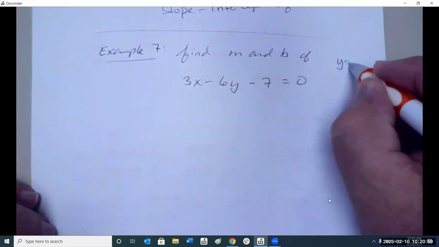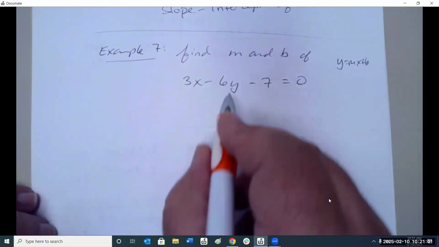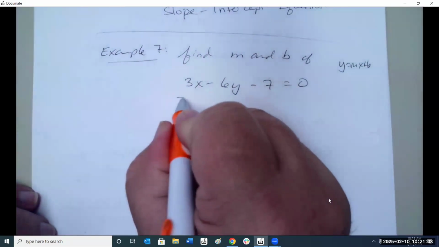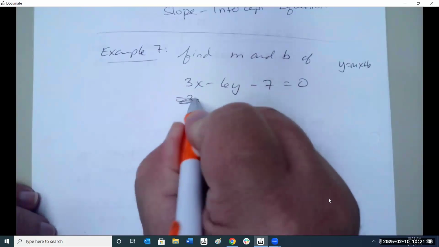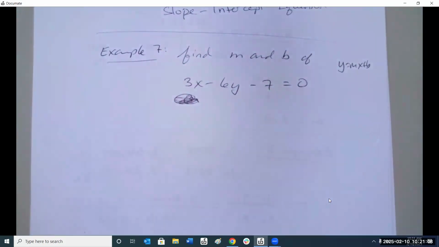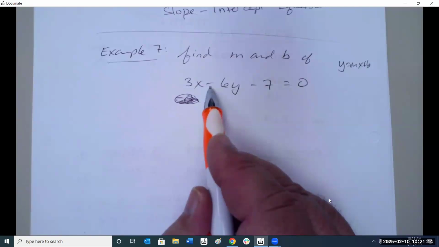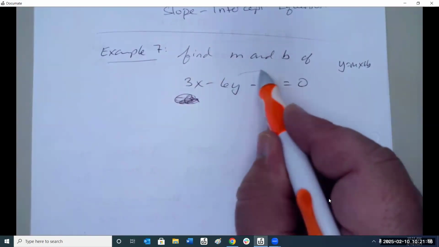So the first thing you have to do is what? You have to put it in this form. So we have to subtract 3x. Actually, even easier. What would you move first? Think about it. You want y to be positive, right? It's negative right now. What if we move this to the other side?